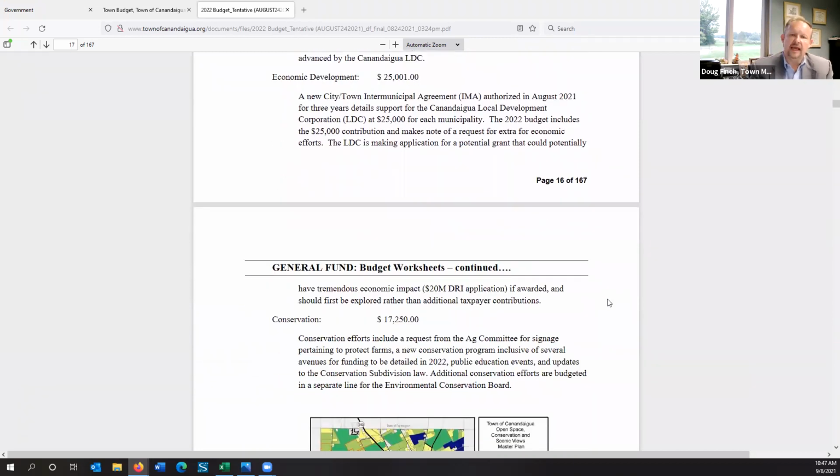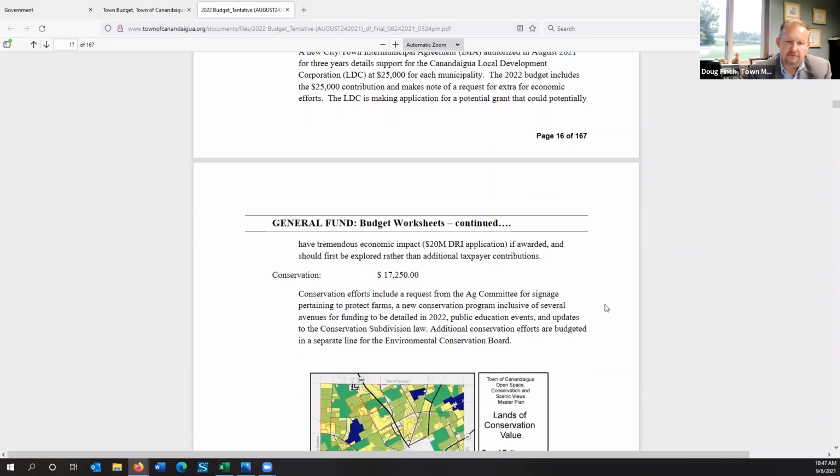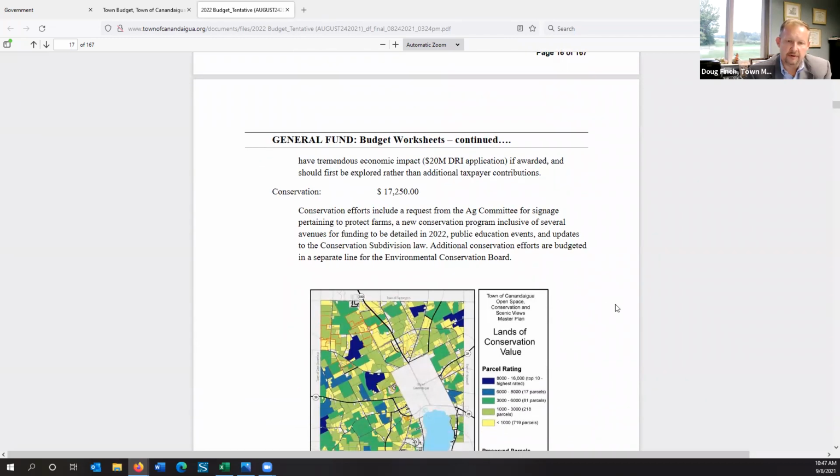Economic development, we have a Canandaigua Local Development Corporation, and this shows the funding for a 3-year intermunicipal agreement with the city of Canandaigua, where each municipality puts in $25,000 with the LDC, and this shows that is a reduction down from $50,000 for the Canandaigua LDC.